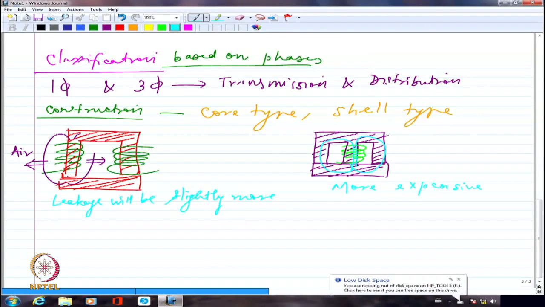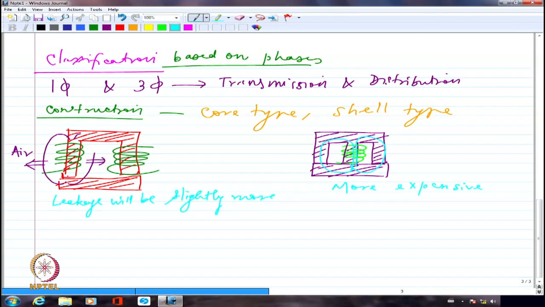One more thing we would like to do is, the core is constructed like this, I told you. Rather than having this C shape and a straight line just stacked one behind the other, we may like to have the second.